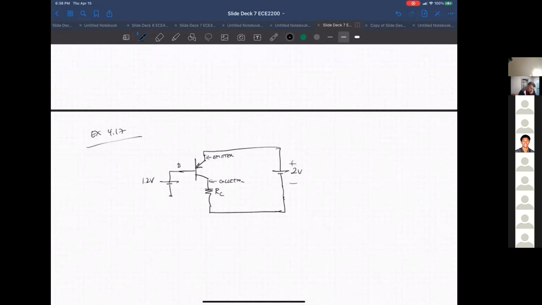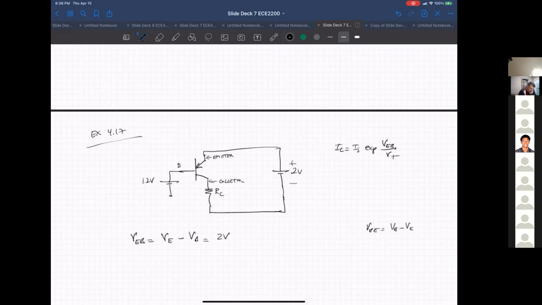So first thing we want to do, if you remember, is find I sub C from VEB over VT. We want to figure out the emitter-base junction, which is the voltage of the emitter minus the voltage of the base. VBE was the voltage of the base minus the voltage of the emitter.